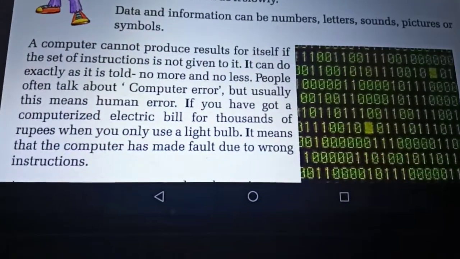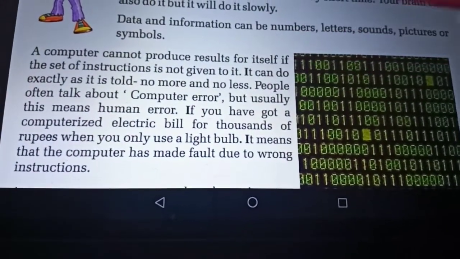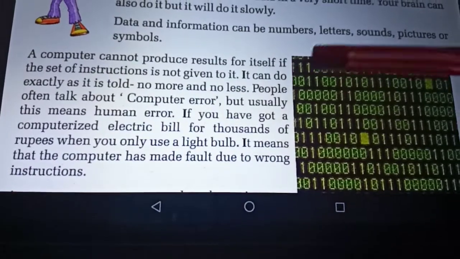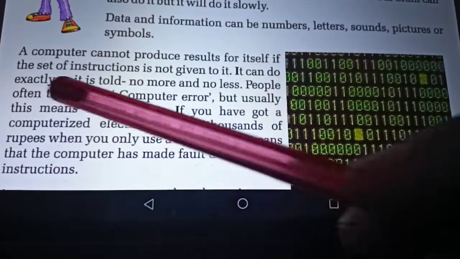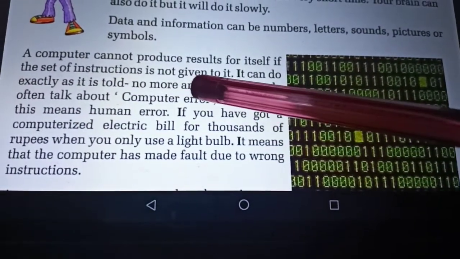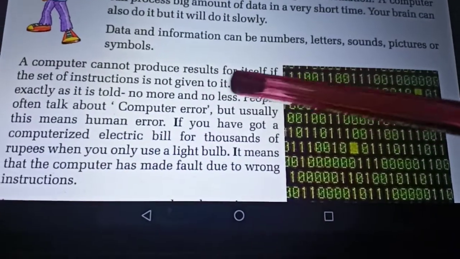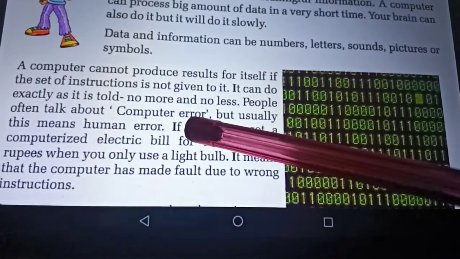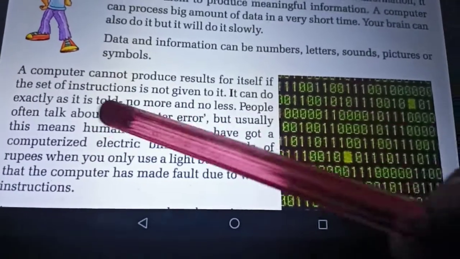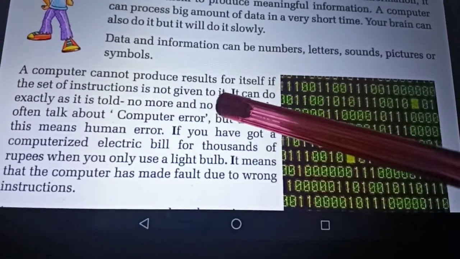Next, a computer cannot produce results for itself if a set of instructions is not given to it. Means the computer cannot produce results if the set of instructions is not given to it.